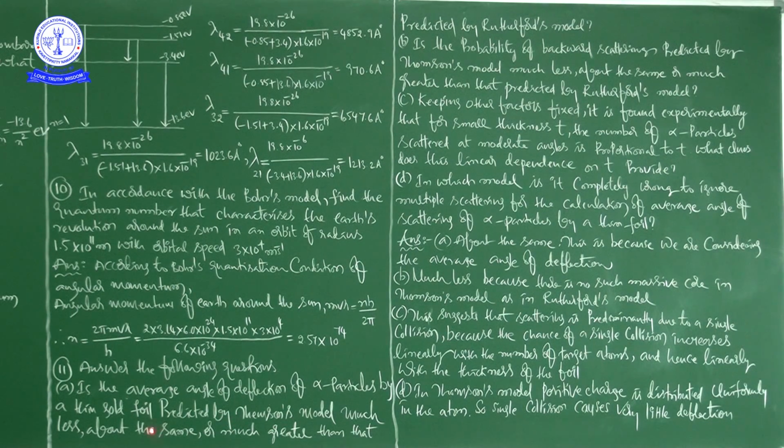In the last problem, the 11th problem, we discussed some questions which help us understand Thomson's model versus Rutherford's atomic model completely, in depth. Okay, right. Thank you. We will continue in the next class.